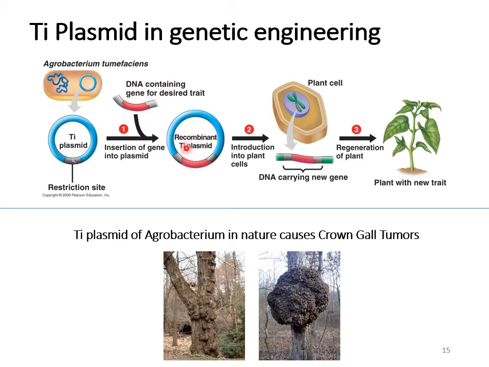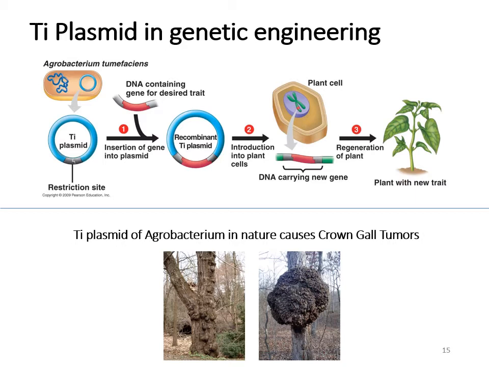Then when you introduce this plasmid into plant cells, well, that plasmid, as you can see here, is naturally very good at integrating into plant cells and into plant DNA. So now the plants produced from that cell will have your desired genes. So for instance, think about what you might want to give to a plant.